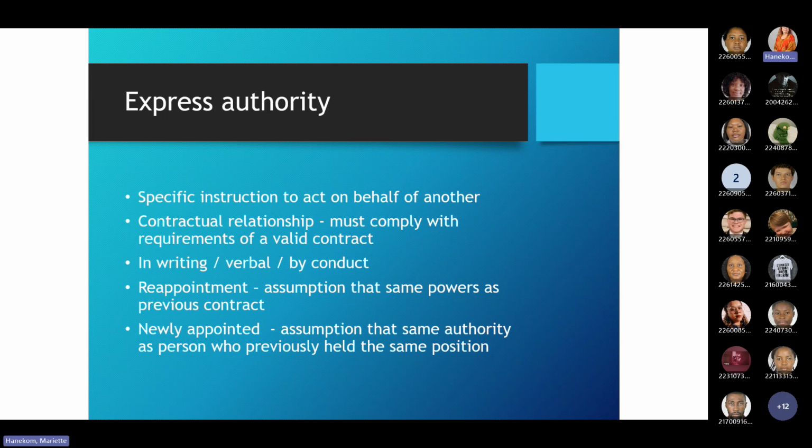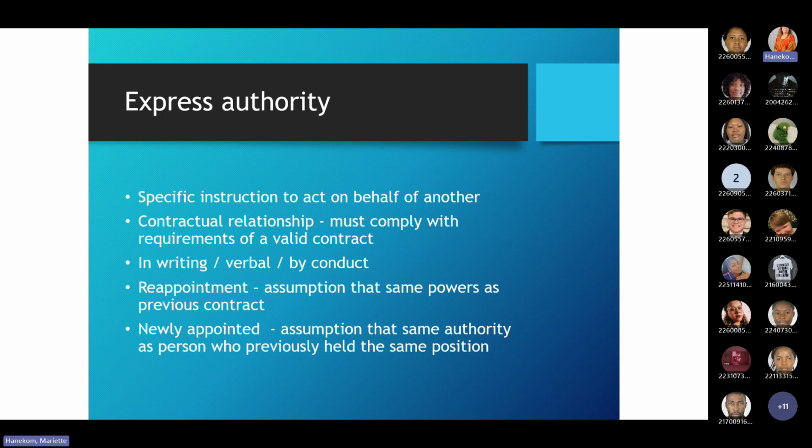So obviously, you know what the requirements for a valid contract are. That agency, that appointment will only be a valid conferment of authority if all the requirements for a valid contract have been met.